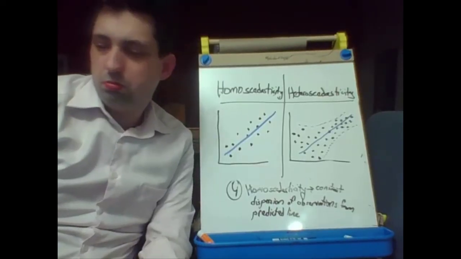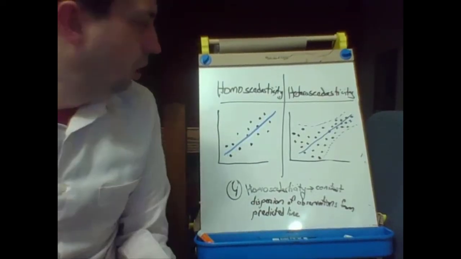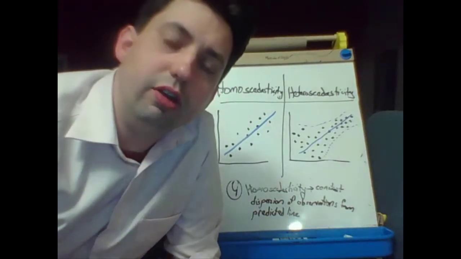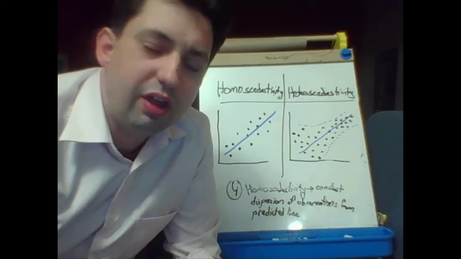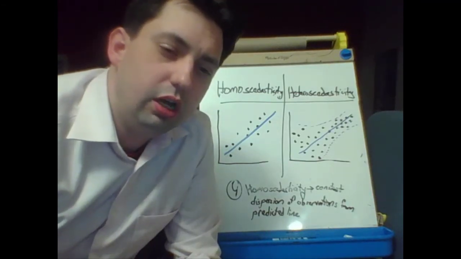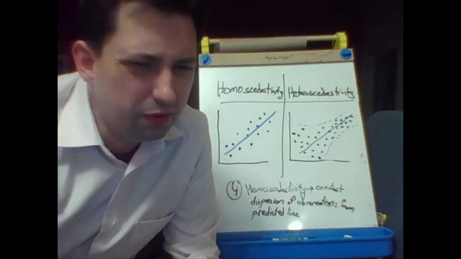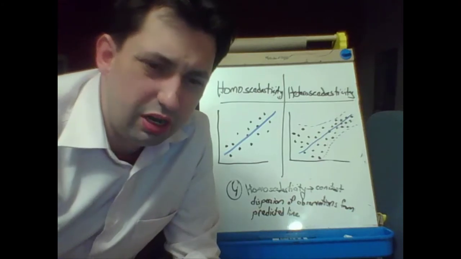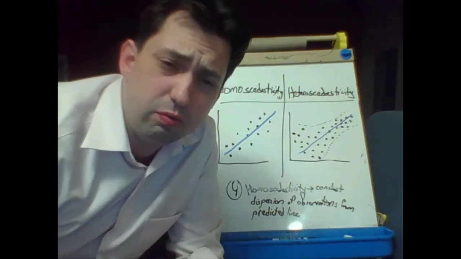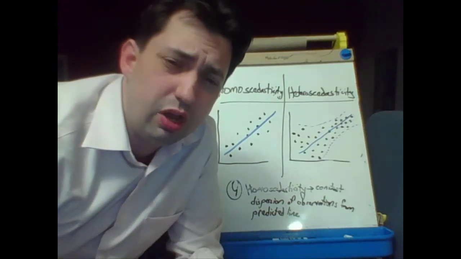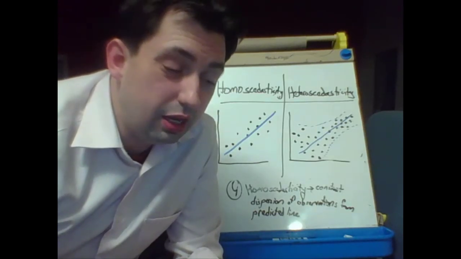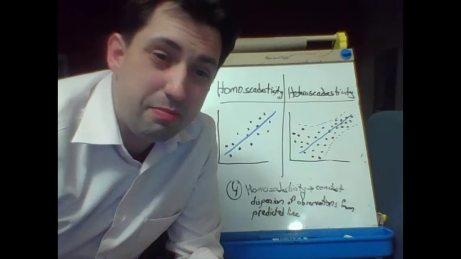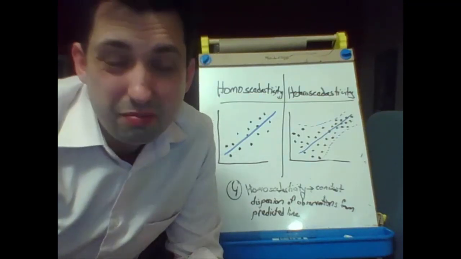So what does homoscedasticity mean in practice? If you don't have it, if you just have heteroscedasticity, what would that mean for your regression? Just to give you an idea of the role of these assumptions: on the scale of things that really matter, homoscedasticity usually doesn't matter much, but it can.